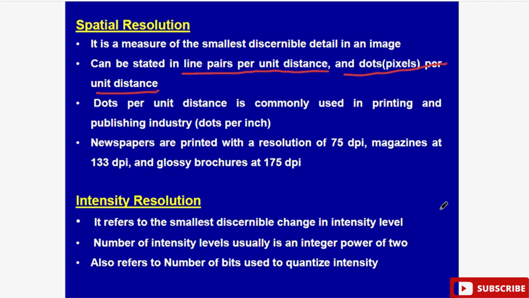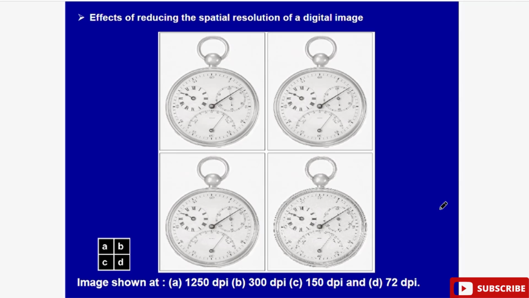Remember, this spatial resolution and intensity resolution must have some specific values, otherwise what will happen? I'll give you one example. This shows the effect of reducing the spatial resolution of a digital image, which means sampling the coordinate values. Now if you take different values, how will the image be affected?